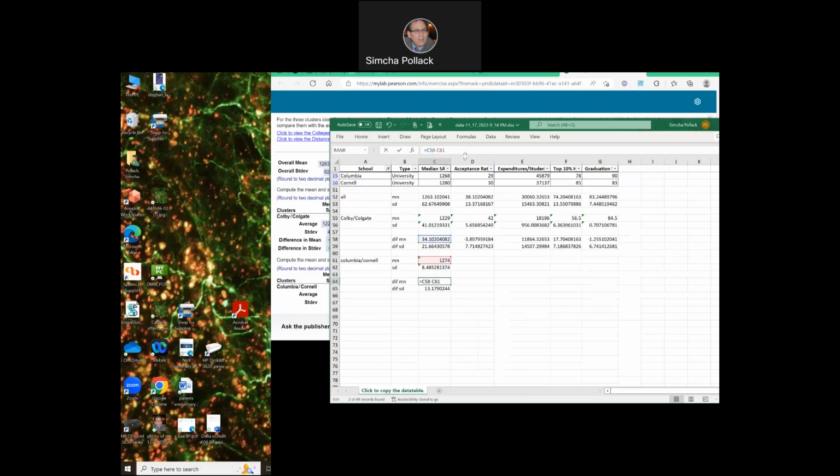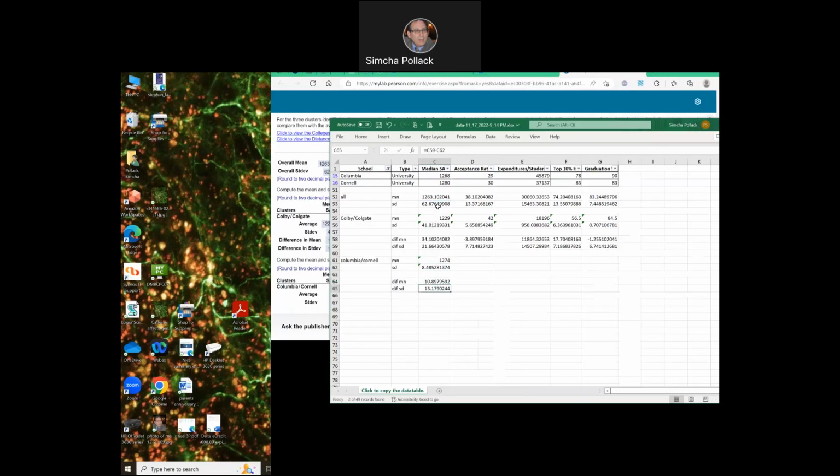C52 minus C61, which is the all, 1263, minus, okay, that should work. Didn't work. It did work. Okay.